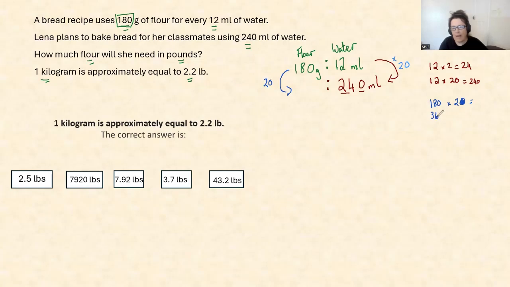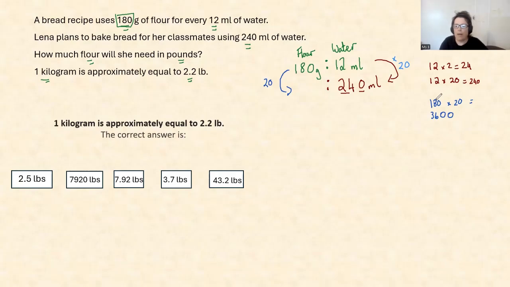So 180 multiplied by 2 is 360. However, I'm not multiplying it by 2, I'm multiplying it by 20. So let's add on that 0.